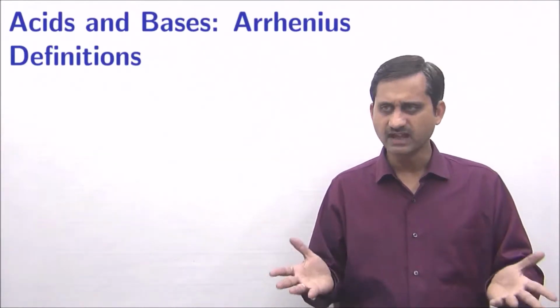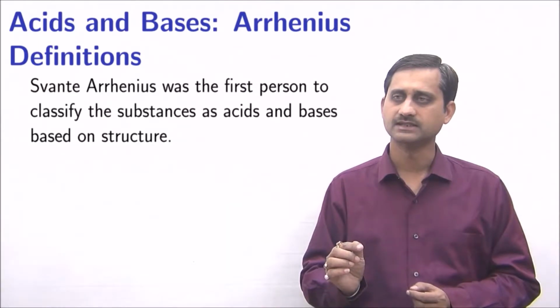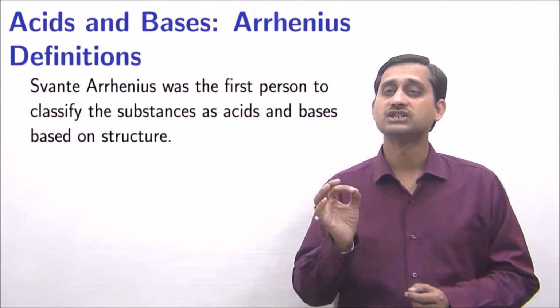The next is the definition given by Arrhenius. Svante Arrhenius was the first person to classify the substances as acids and bases based on structure.